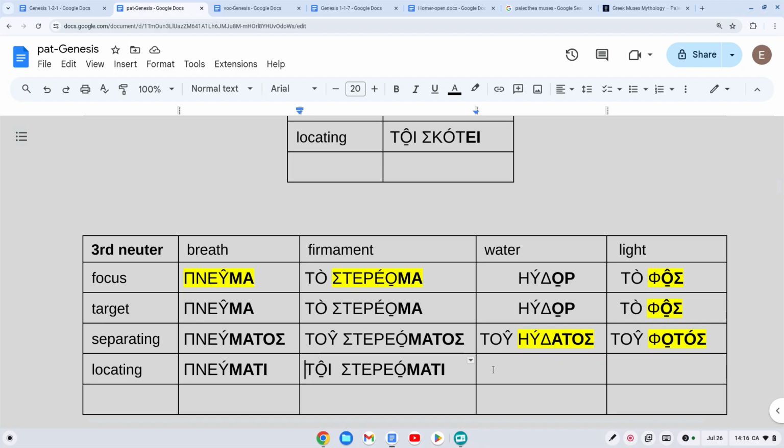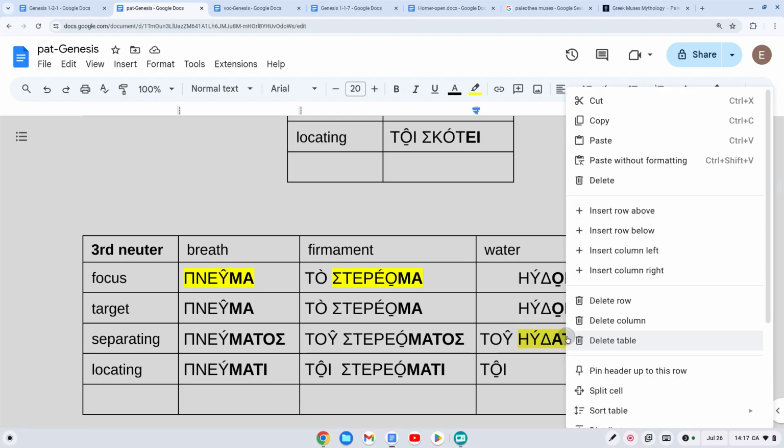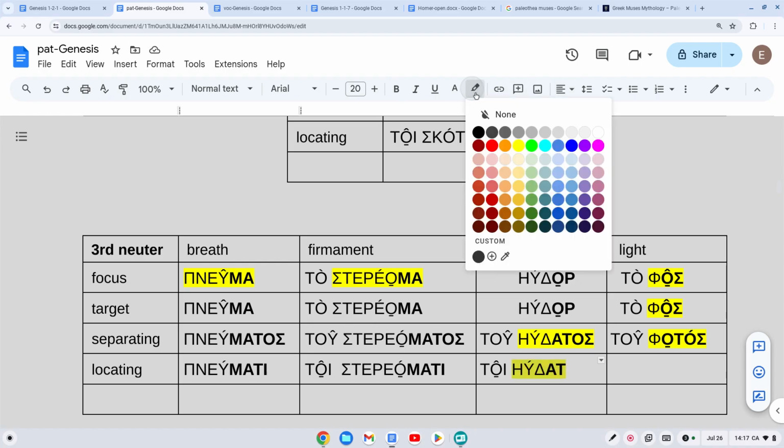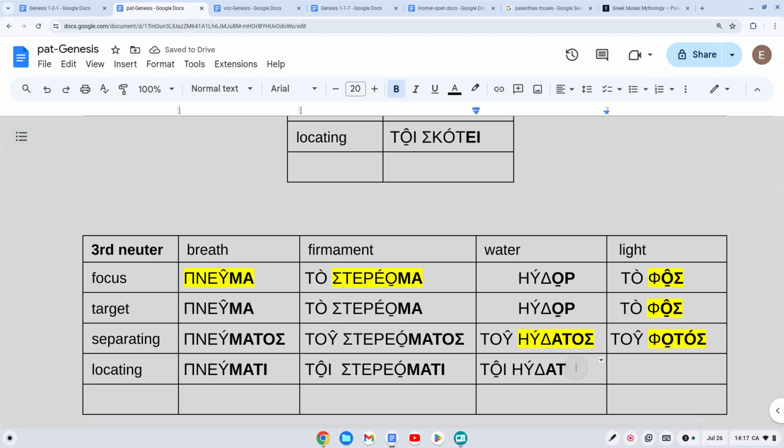I think you can guess what this one is. Hudati.